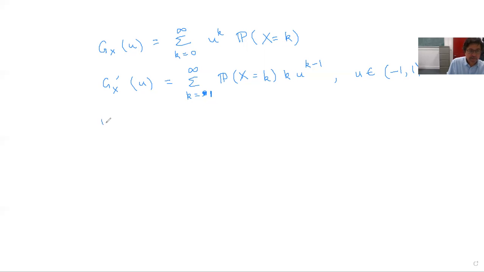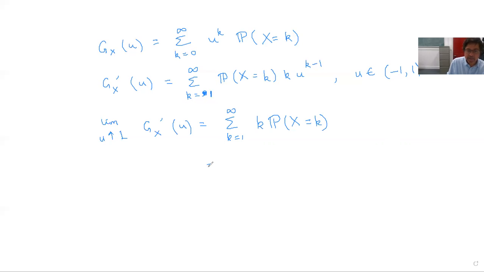And so let's take the limit as u increases to 1 of g_X prime of u. As u increases to 1, u to the k minus 1 increases to 1. And so this limit is just the sum, k equals 1 to infinity, of k times the probability that X equals k. But you know what this sum is.